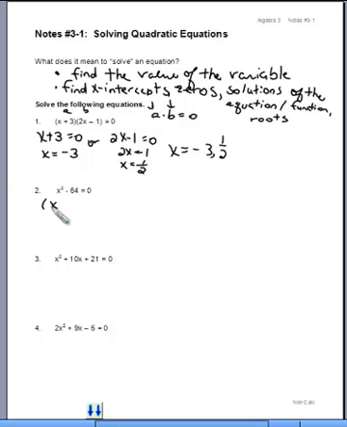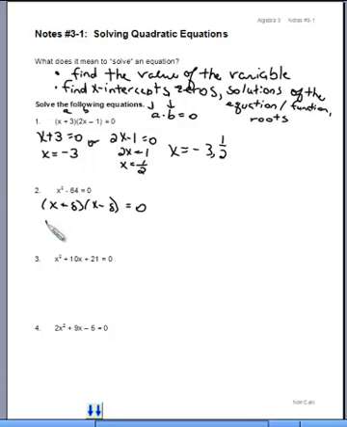So we have x plus 8 times x minus 8 equals 0. That means if either one of these is equal to 0, then we can find the answer.